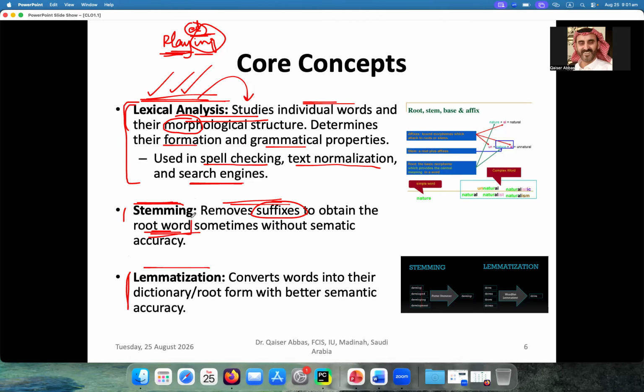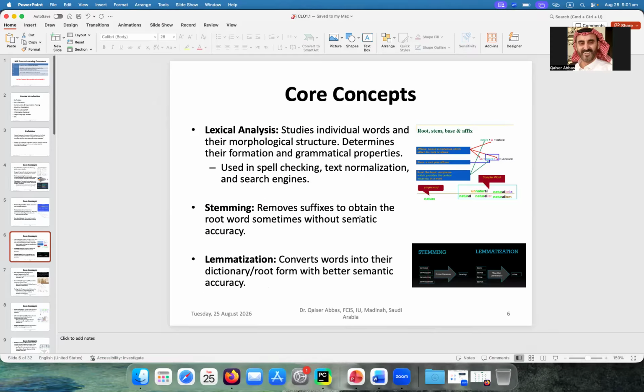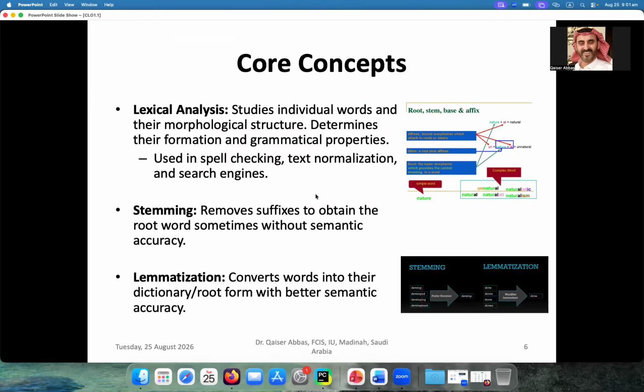Sometimes after performing stemming, you will get a root word without semantics, because that word will not exist in the English vocabulary.